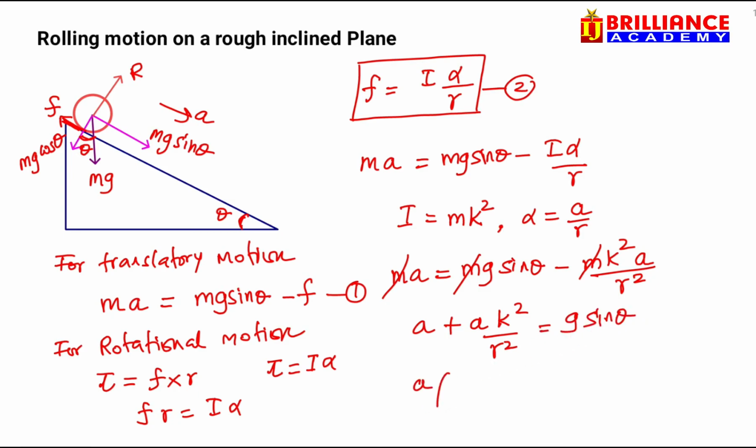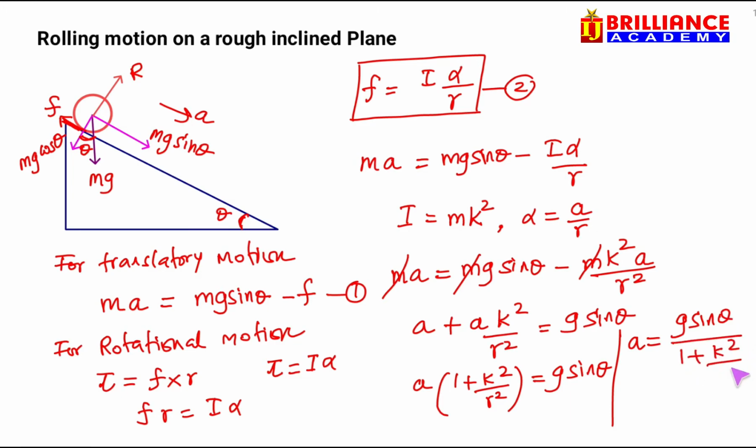So a I can take commonly out, so a times 1 plus k squared by r squared is equal to g sine theta, and I get a is equal to g sine theta by 1 plus k squared by r squared. So this is the formula for the acceleration of the object which is rolling down.